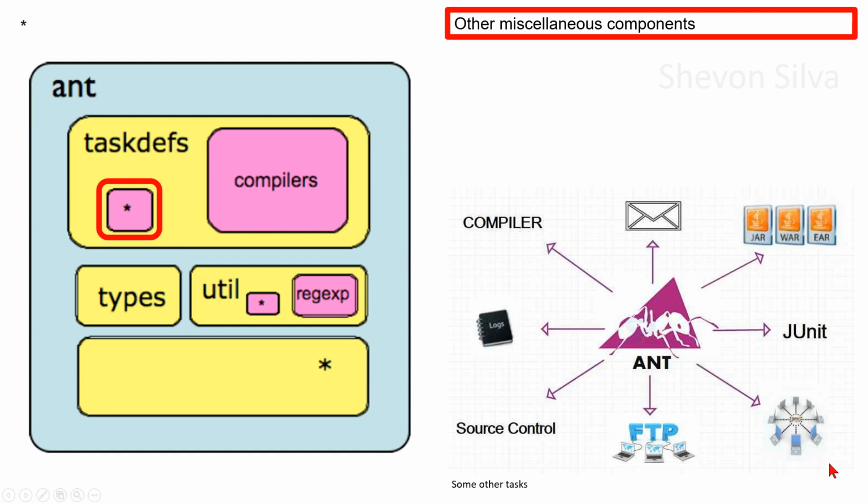Here you can see some other tasks, and there are archive tasks including gunzip, bunzip2, unxz, gzip, bzip2, xz, cab, EAR, JAR, jlink, manifest, RPM, sign, jar, tar, unjar, untar, unwar, unzip, war, and zip.